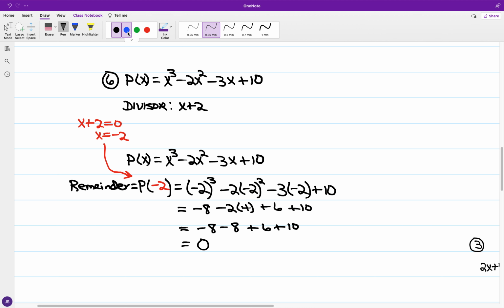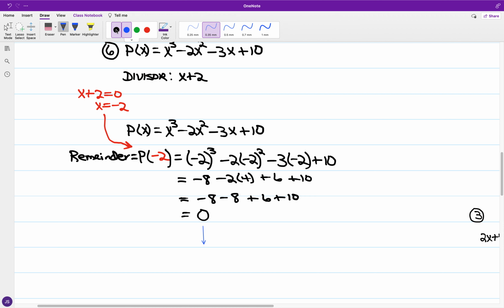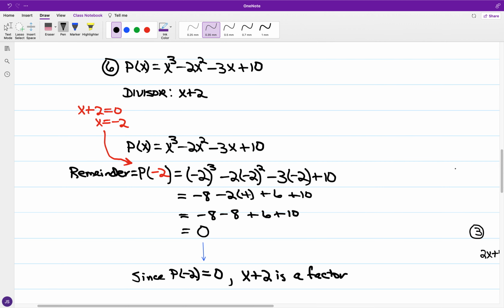And since the remainder is equal to 0, since p of negative 2 is equal to 0, it follows that x plus 2 is a factor. And that is one line of reasoning if you use the function value as the remainder.